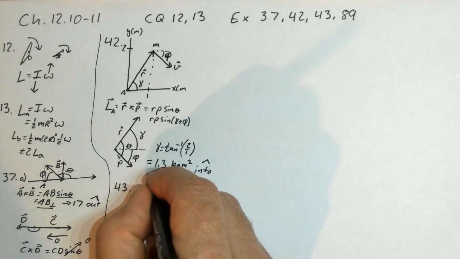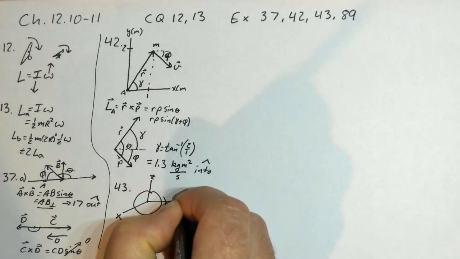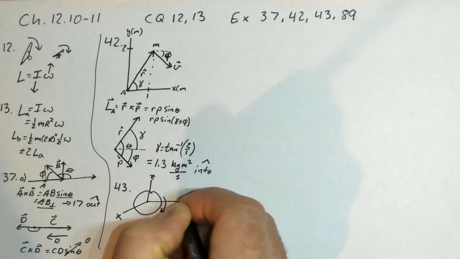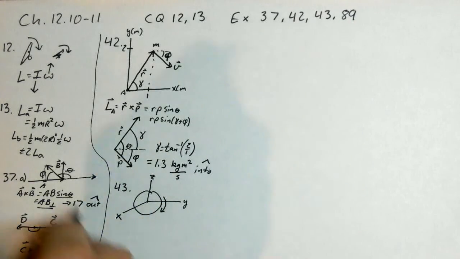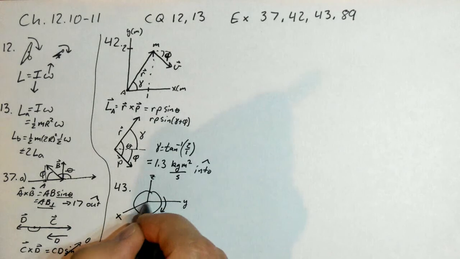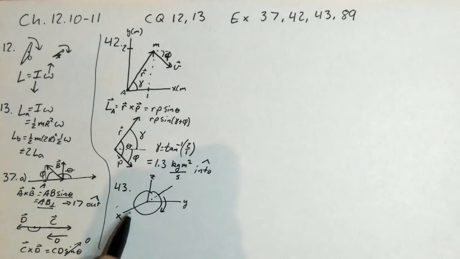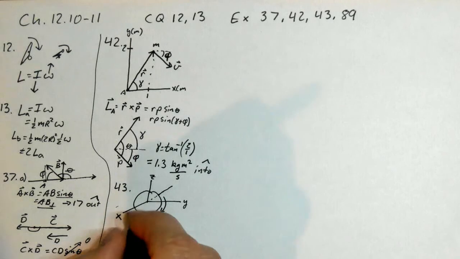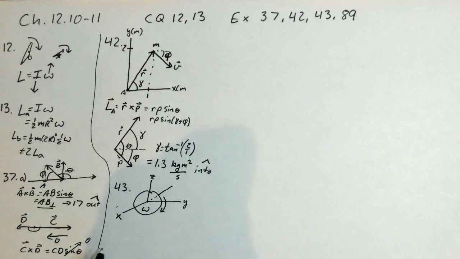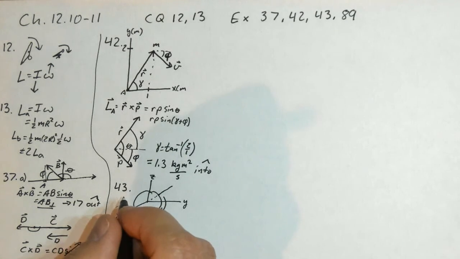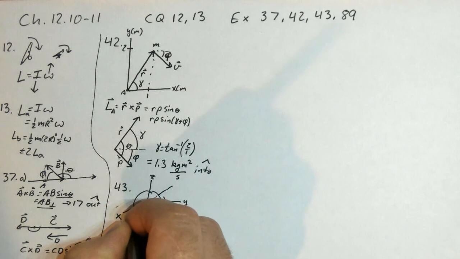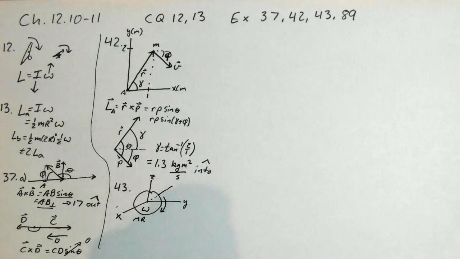And z's that way, and this is y. It's spinning in the YZ plane, so the axis of rotation is the x-axis. We're given an angular speed, and we're given a mass and a radius of this disk. So we're given m and r. What is the angular momentum of this disk?